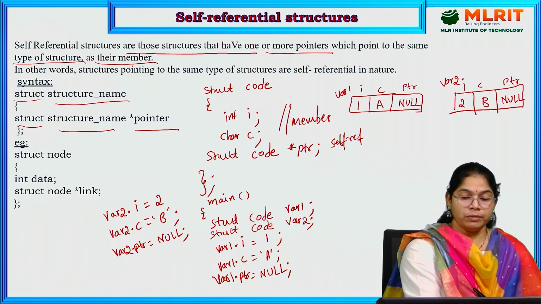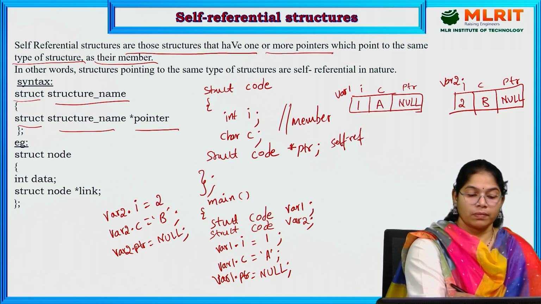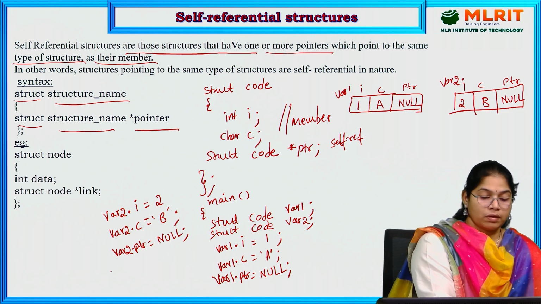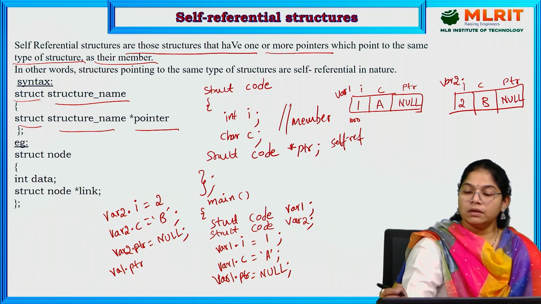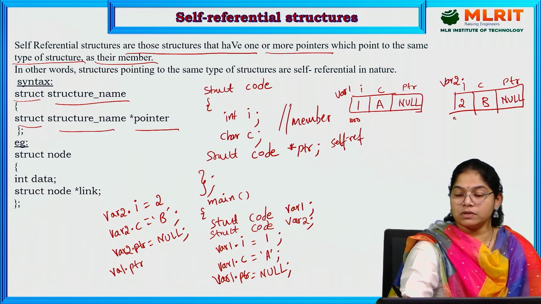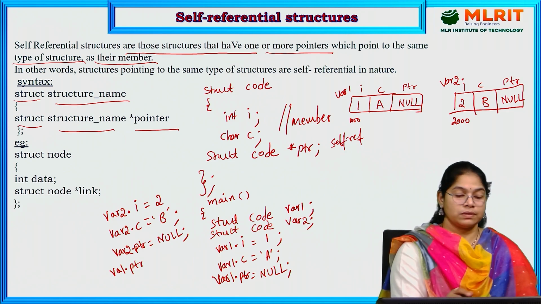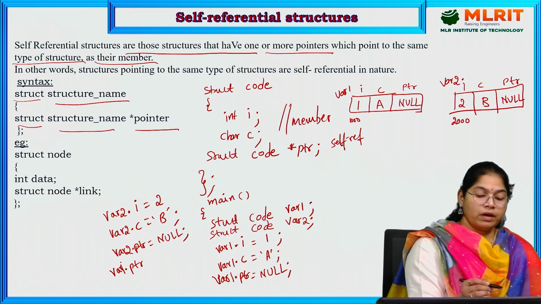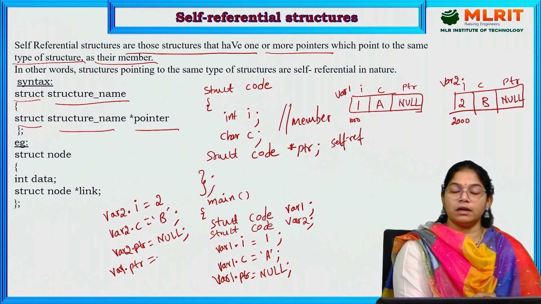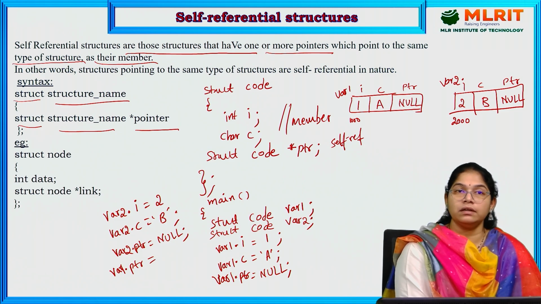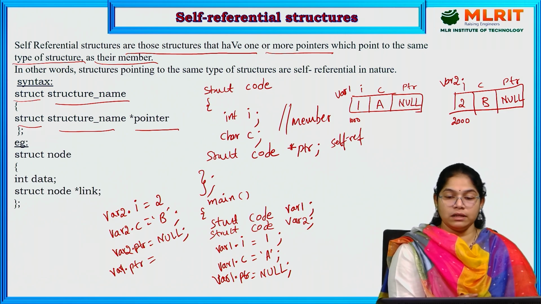So now what I am doing is, suppose this address of var1 is 1000, and I'm just assuming the address of variable 2. var1.ptr is equal to the address of var2, because ptr is a pointer and it can hold the address of another variable.